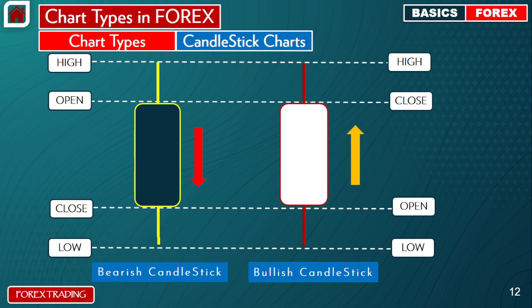So you can see it's almost opposite. For the bearish candle, when the price is moving down, the open price is over here and the close is here. But for the candles when the price moves up, the order is reversed. Here the price opens, and then here the price closes. So this is the detailed anatomy of the candlestick charts or candlestick bars.